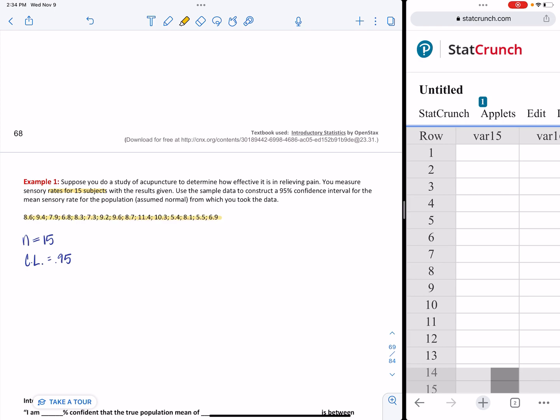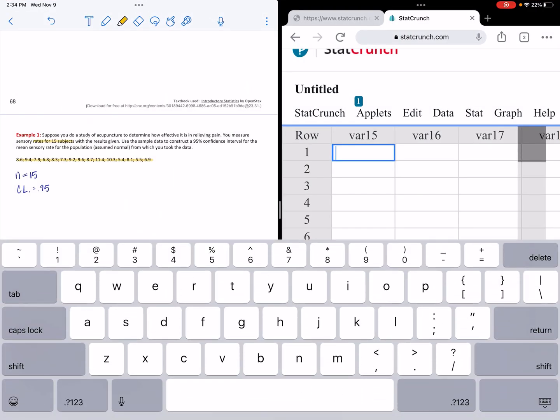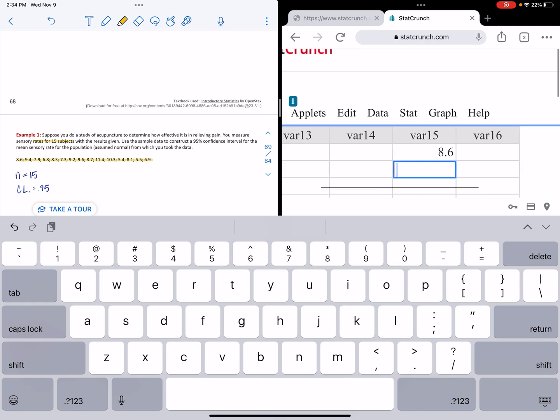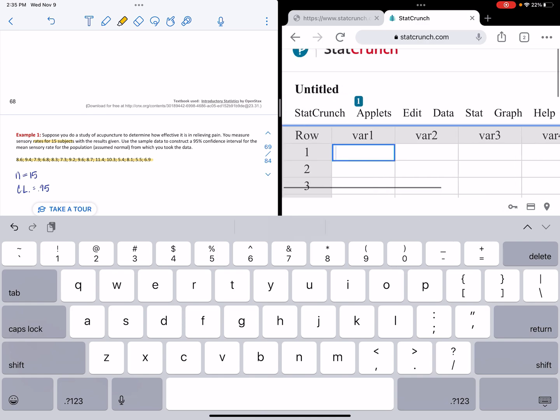Well, long, long ago, in a galaxy far away, we calculated all kinds of summary statistics for lists of data like this.